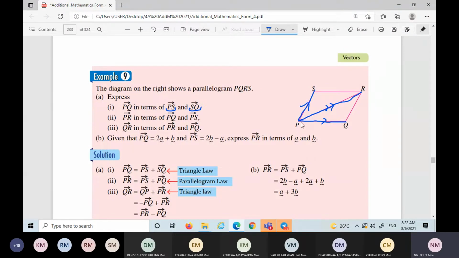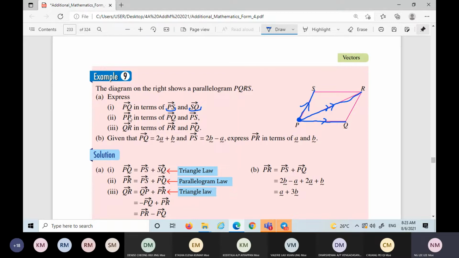You see, all three start at the same point. So PR, as the diagonal of the parallelogram, will be the resultant vector of the two side vectors, which are PQ and PS. So PR is equal to PQ plus PS, or PS plus PQ, the same thing. So this is parallelogram law.